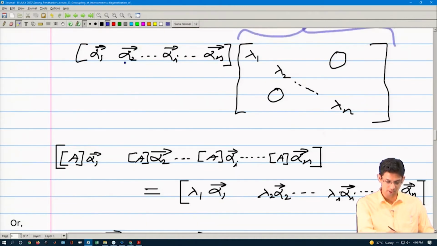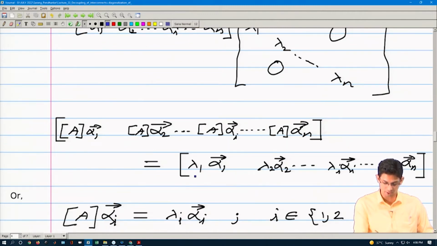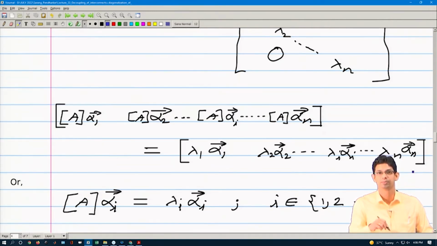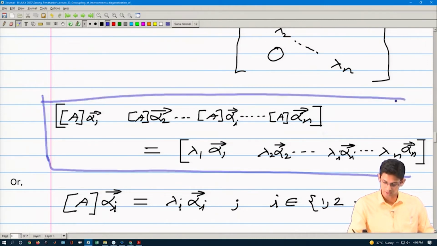So, because of this diagonal nature, you can write this as simply this: lambda 1 into alpha 1, lambda 2 into alpha 2, lambda i into alpha i, lambda n into alpha n.